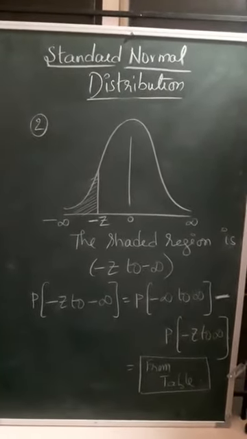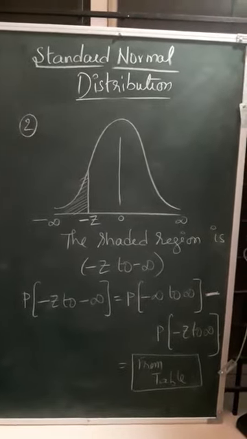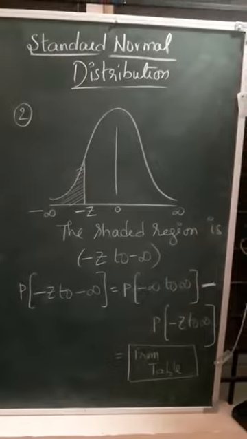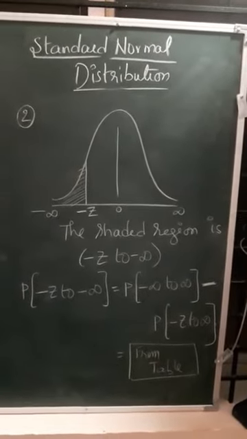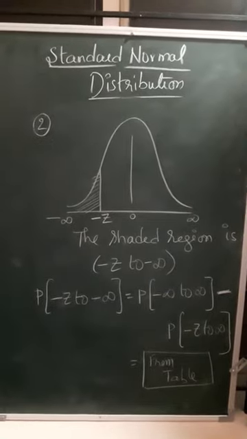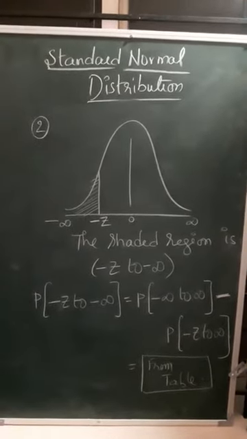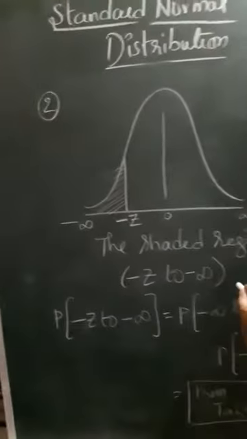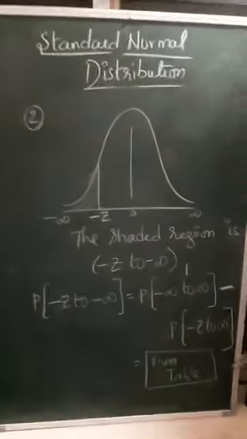So if you remove that blank area, we will easily get minus infinity to minus z only. How to remove that? From the total, minus to plus infinity. What's the value of minus to plus infinity? Always the value of minus to plus infinity is 1.